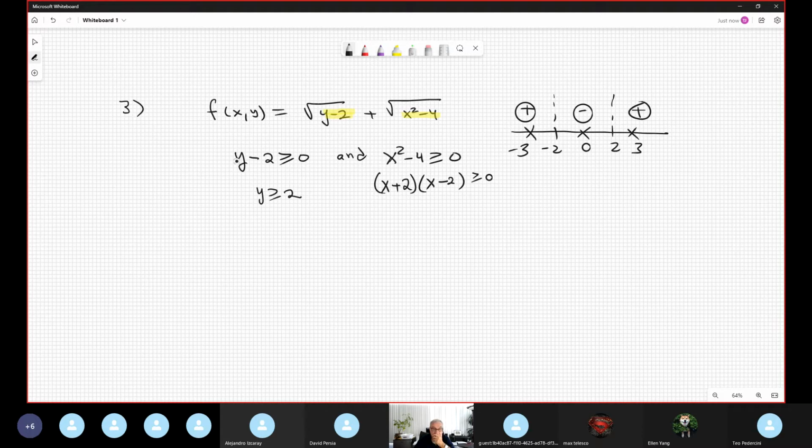Therefore, the solution is x greater than or equal to 2, or x less than or equal to minus 2. That is the part where it's positive. When the expression inside the radical is positive, the solution is real. If it is negative, it's imaginary.